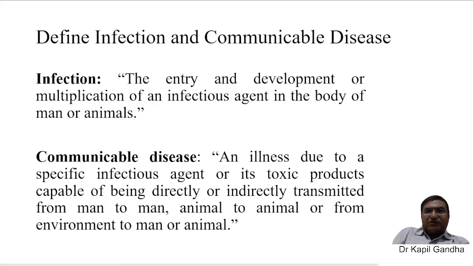First of all, the most important definition that we need to remember is infection. Infection is the entry and development or multiplication of an infectious agent in the body of man or animal. What do we understand by communicable disease?